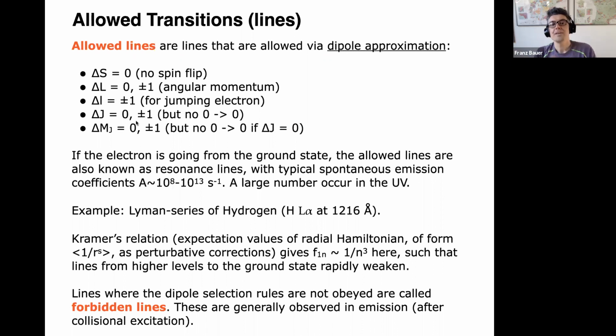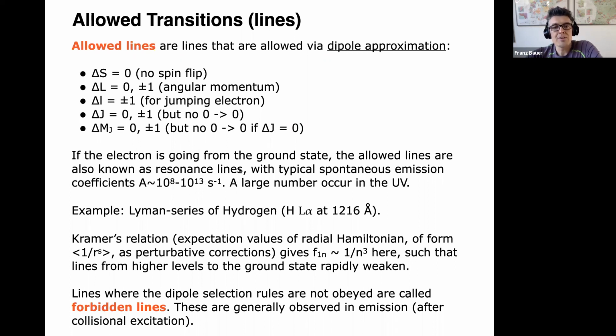Typically an electron going from the ground state to some upper-level allowed state gives what are known as resonance lines. They typically have really high spontaneous emission coefficients, on the order of 10 to the 8 to 10 to the 13 per second.